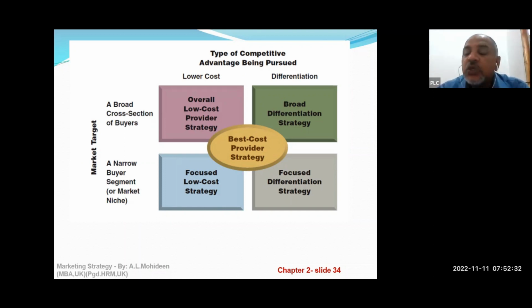So what is your procurement role now? You are going to bring unique resources, not lower cost. You don't care about lower cost. Cost is second, but resources should be unique because you are going to bring something different.